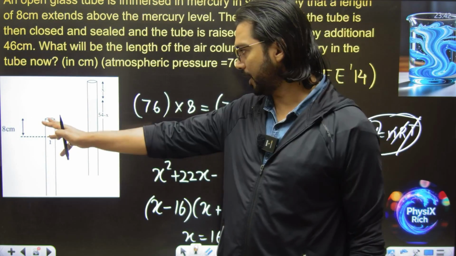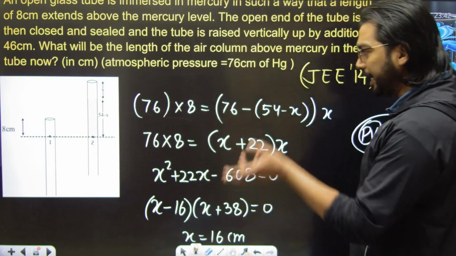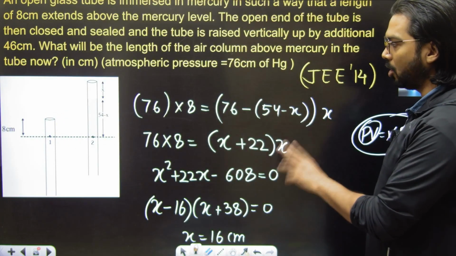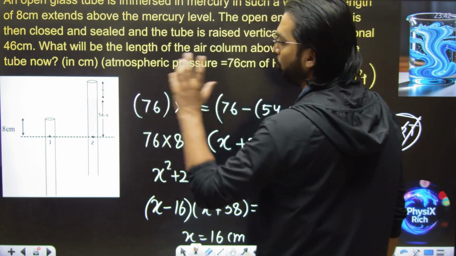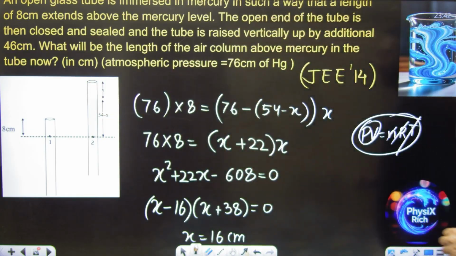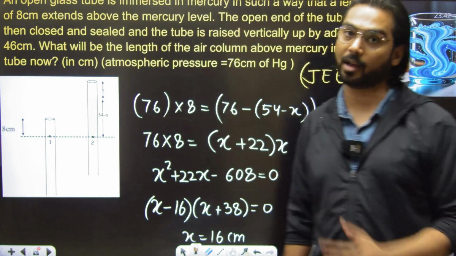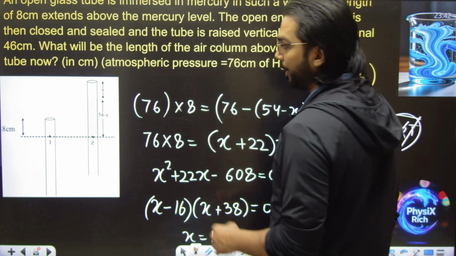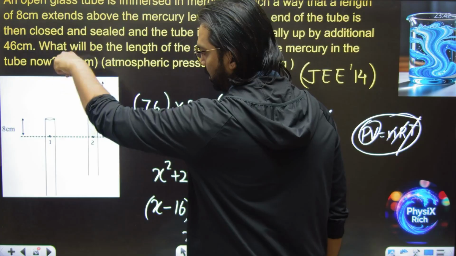So pressure over here is 76. The volume over here is 8. Later on, the volume over here is proportional to X, but now what is the pressure? So guys, the pressure over here is going to be 76 minus (54 minus X). Now, how did I find that out? I found that out because at this level, what is the atmospheric pressure? 76.